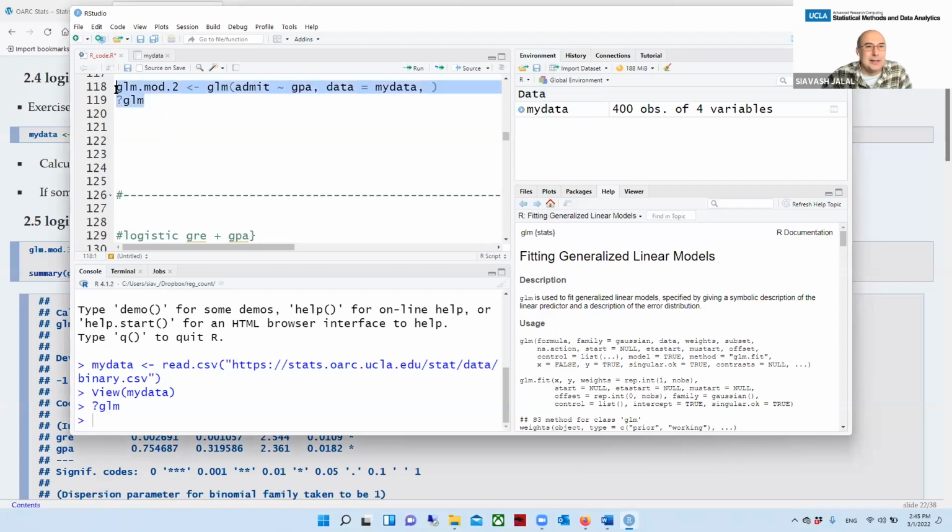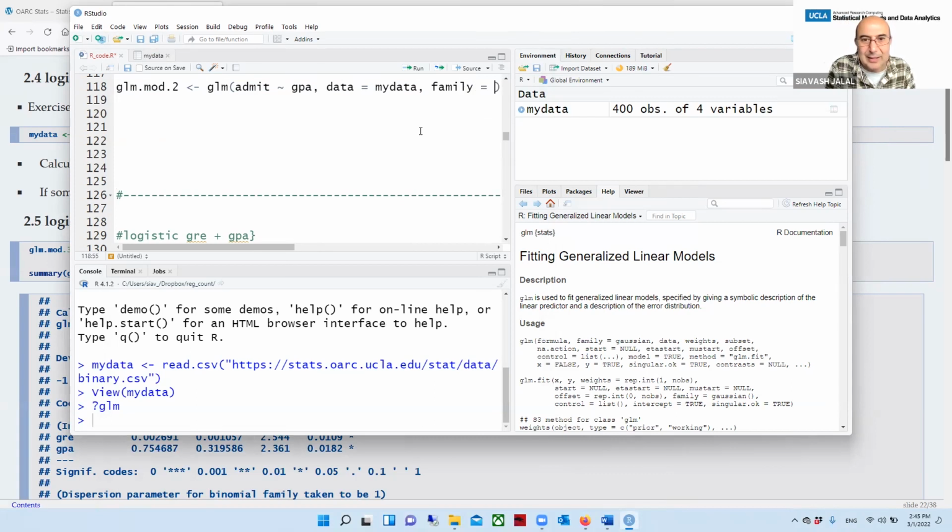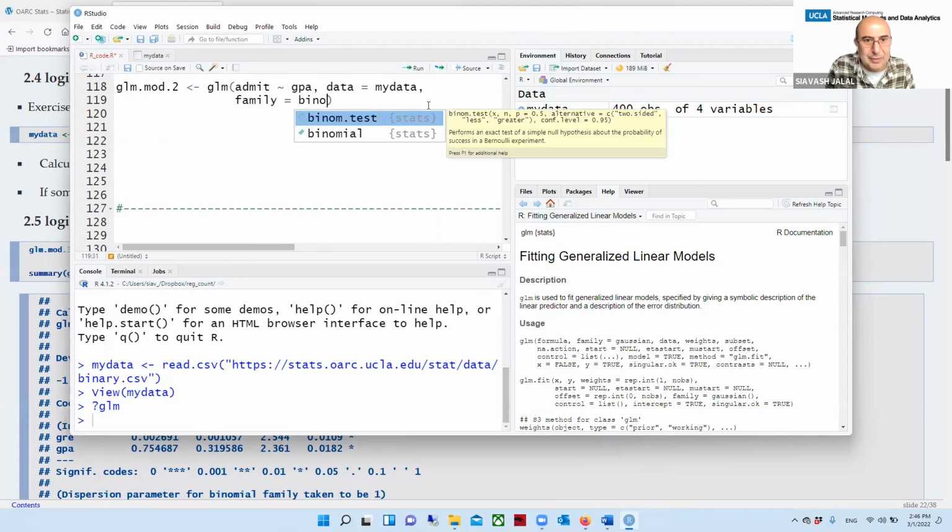Now, we have to define the family, what kind of distribution? Family. And the good thing about RStudio is it already gives you the options. Equal to, and then I put it on the second line. The family for logistic is binomial, right?